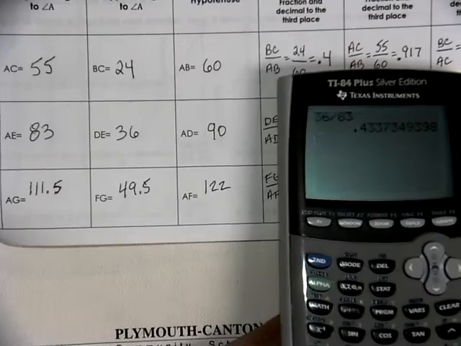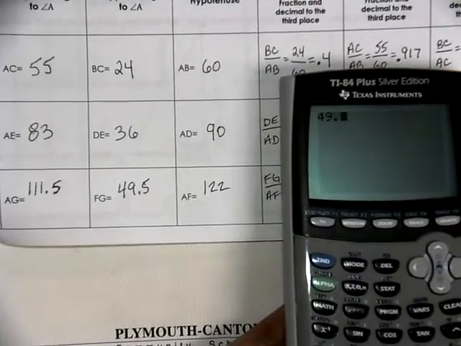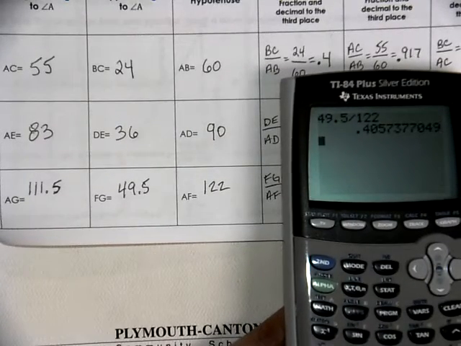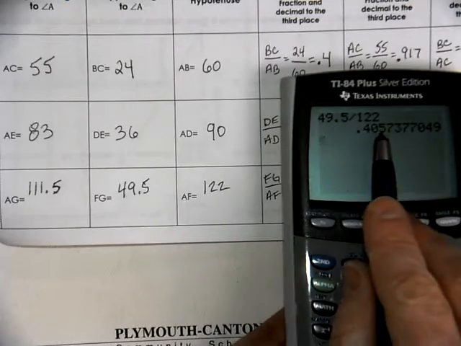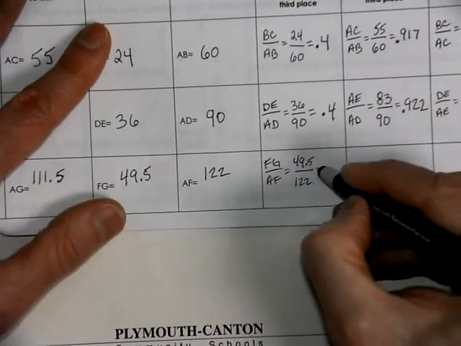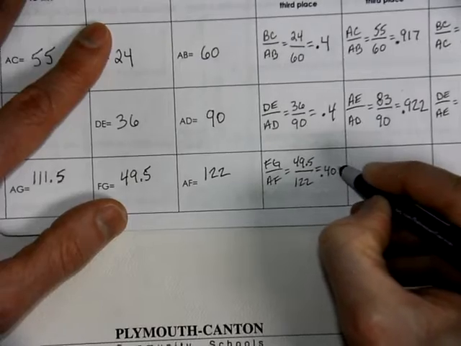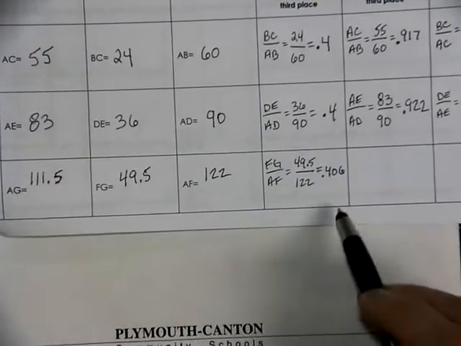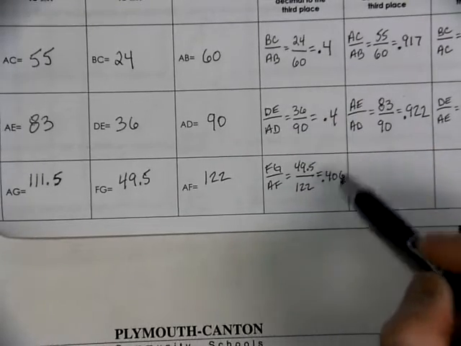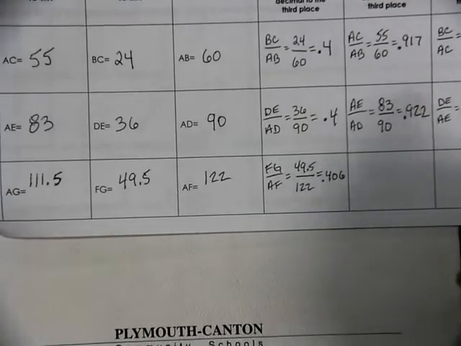In our calculation, 49.5 divided by 122, that came out to be 0.405, so 0.406. So 0.40 is exactly what we had before. And then my decimals kind of went up to 0.06. So that's super close to what we had.